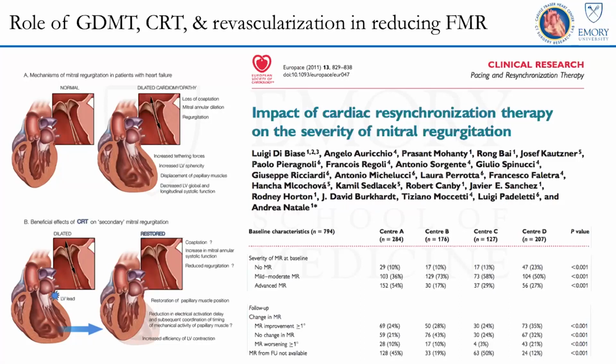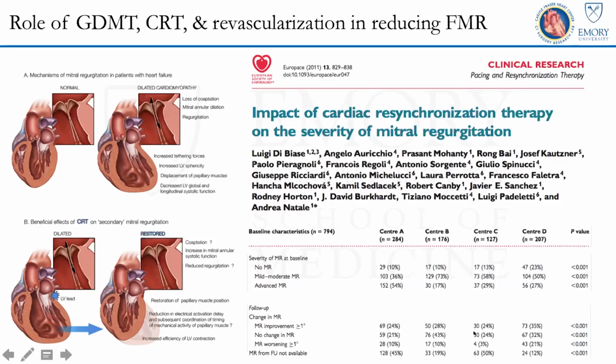There are several studies which have looked into cardiac resynchronization therapy and its efficacy in functional mitral regurgitation. And I have chosen one study which has provided a very in-depth analysis and looked at several patients at 4 different centers that had adopted cardiac resynchronization therapy as an FMR therapy.